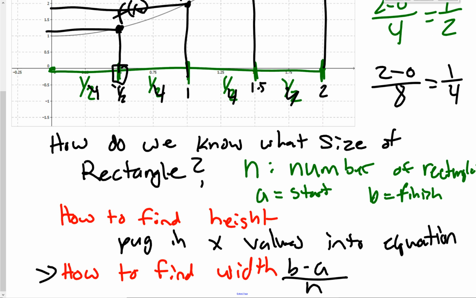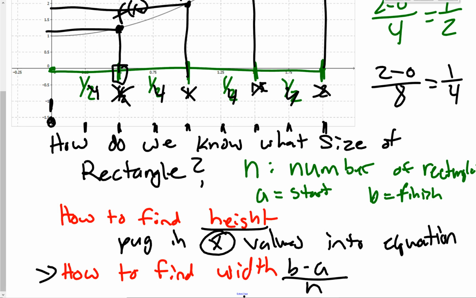But that means my x's are no longer these, right? I would have to start at my beginning, my a, which here is 0, and then add 1/4, add 1/4, and so on until I get to my end. And those would be the x's that I need to plug into the equation in order to get my heights, my y values.